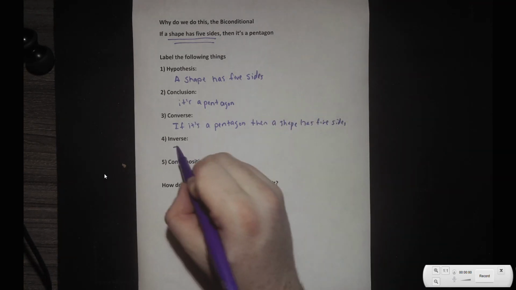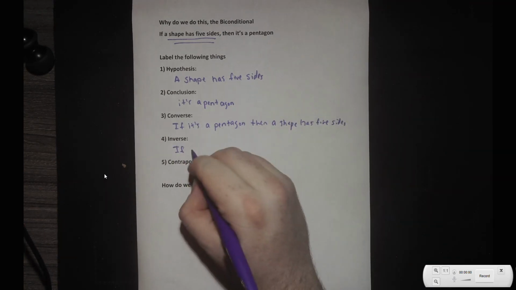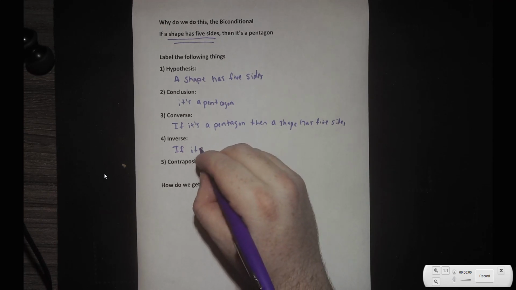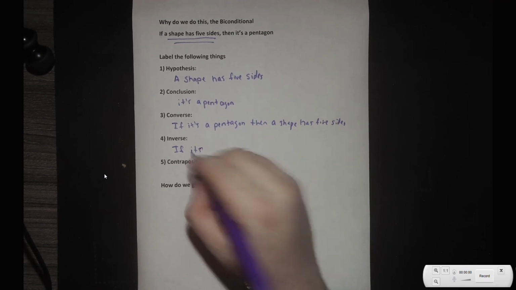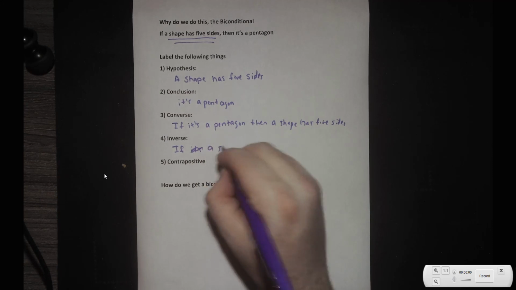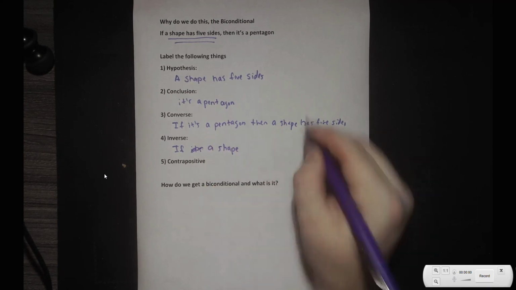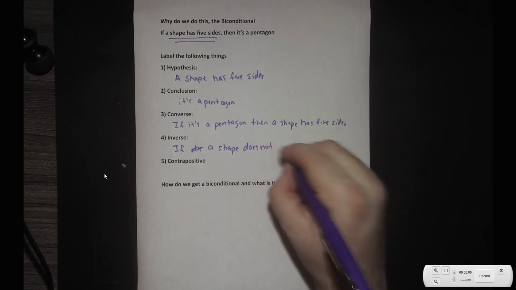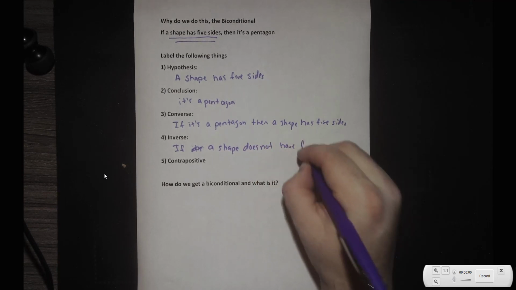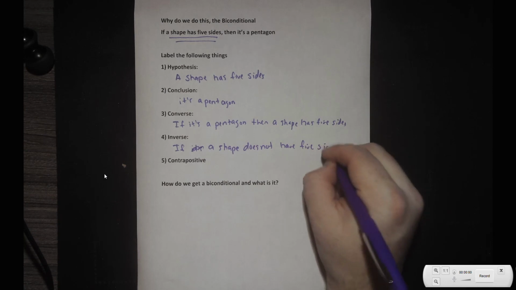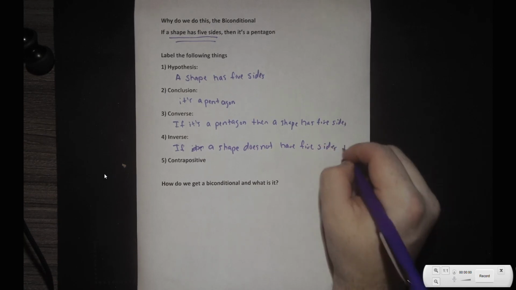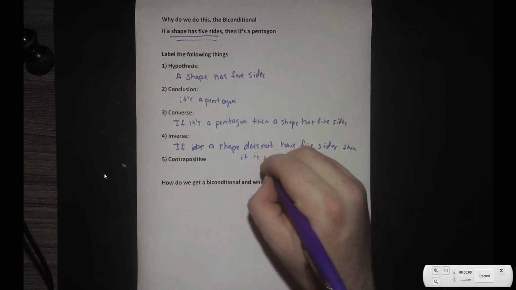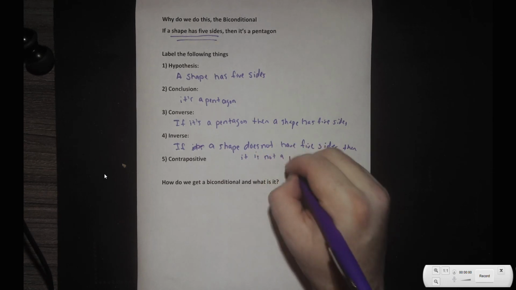Inverse, if a shape does not have 5 sides, then it is not a pentagon.